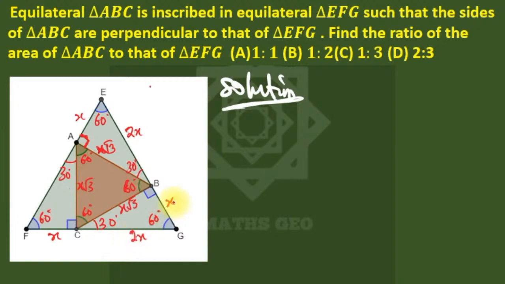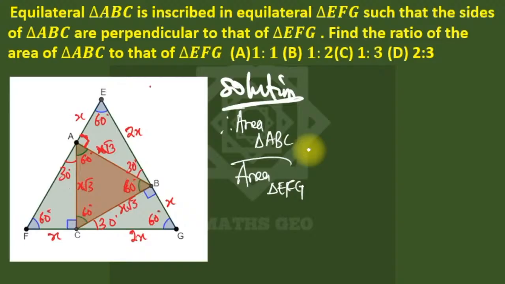So what are we asked to find? The ratio of the area of triangle ABC to that of triangle EFG. So what's ABC? Remember, the ratio of areas of similar triangles, the two triangles are similar, is the ratio of the squares of the corresponding sides.